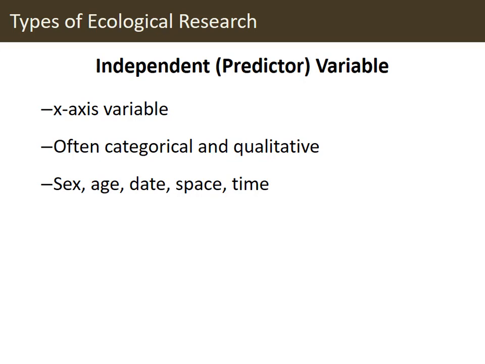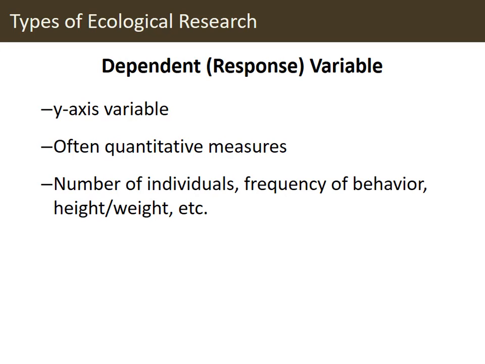Usually that x-axis, our independent variable, is something categorical, maybe qualitative, maybe quantitative, but definitely a category, like a bin we can put things in. Organisms that live at this location. The dependent or response variable, the y-axis variable, is usually a quantitative measure.